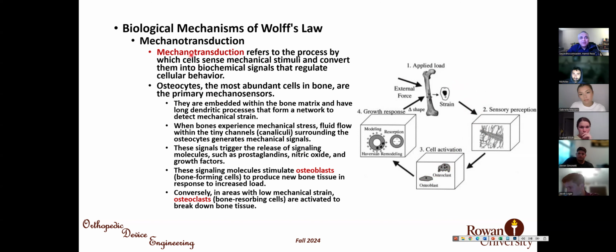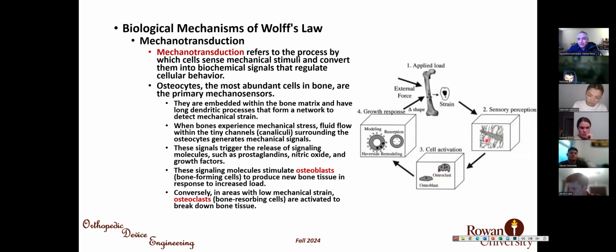This is called mechanotransduction. When they sense increased loading, they stimulate osteoblasts. When they sense decreased loading, they stimulate osteoclasts. And as you remember, osteoblasts produce bone, osteoclasts resorb bone.